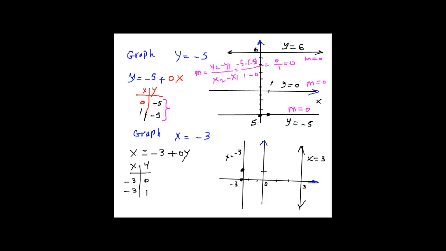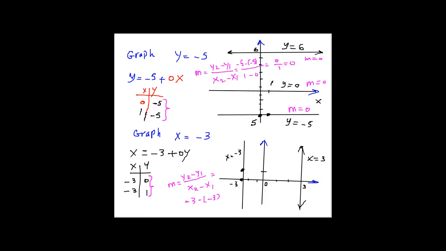What would be the slope of a vertical line? Anybody? Remember the formula is y2 minus y1 over x2 minus x1. If I pick these numbers, this time the numbers at the top and bottom of the fraction would be the same. So it would be -3 minus -3.